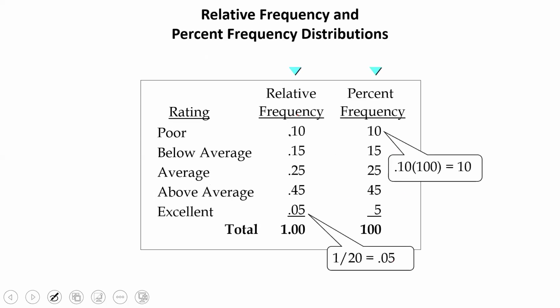I discussed earlier on how we arrive at relative frequency. All right, and the percentage frequency is just multiplying our relative frequency by 100. So we have 10, 15, 25, 45, and 5%. That is how we arrived at that.